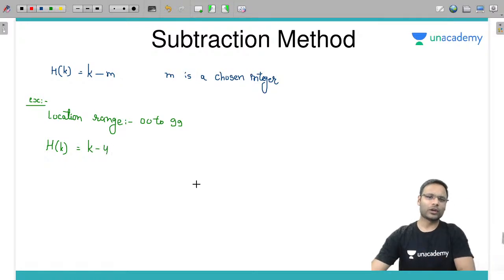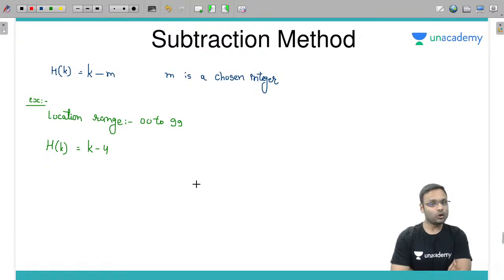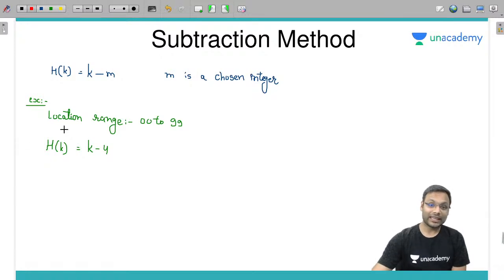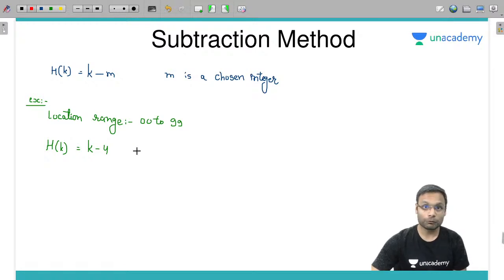Can you store 1 here? Key k equals 1. Can you store 1 minus 4, minus 3? I can't. Can you store 6 here? 6 minus 4 is 2, fine.